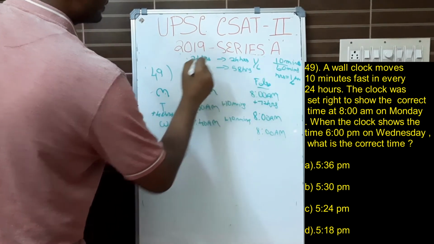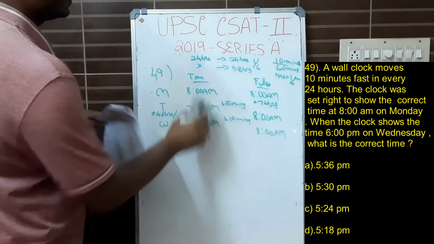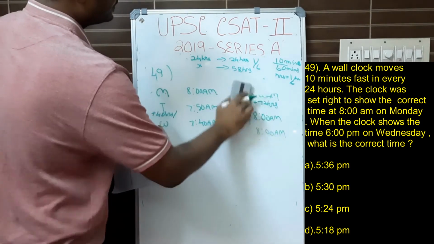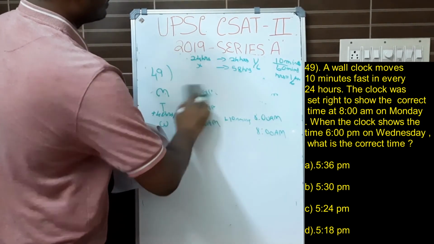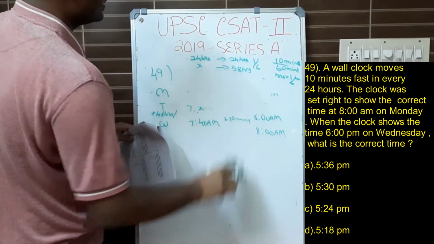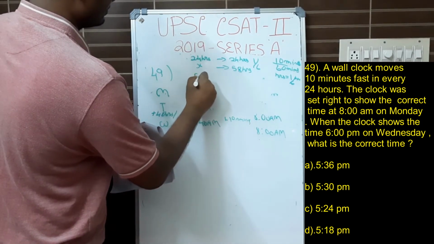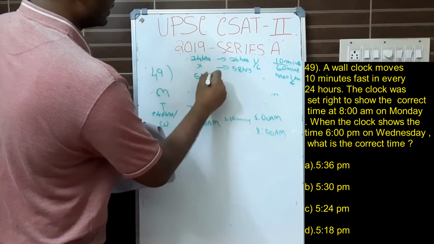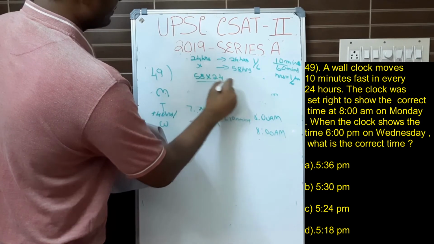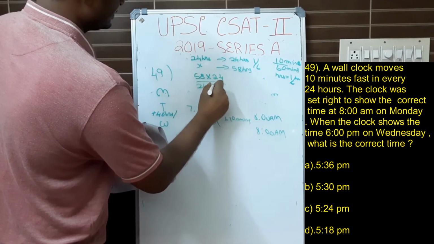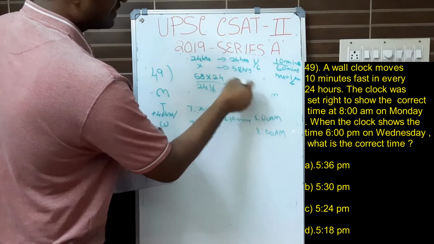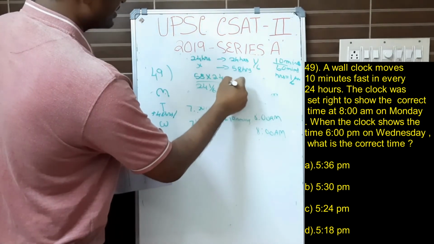So what is the time you have to calculate? It would be simple, you just have to cross multiply and divide. So x will be equal to 58 into 24 by 24 1 by 6. To eliminate this 1 by 6, we will multiply both the numerator and denominator by 6.